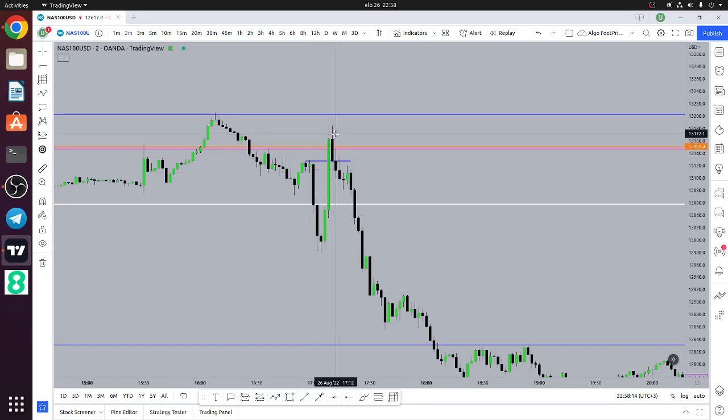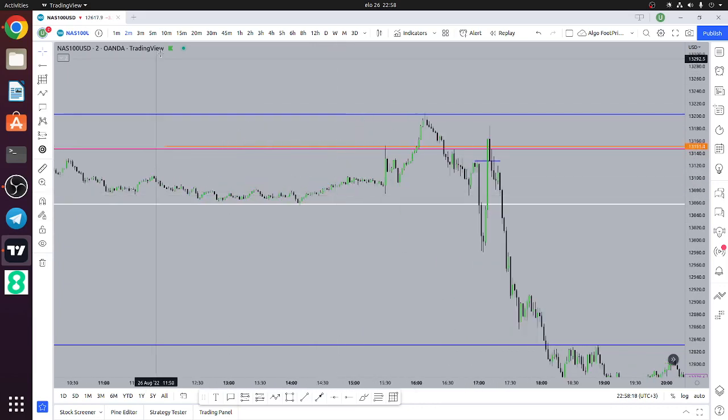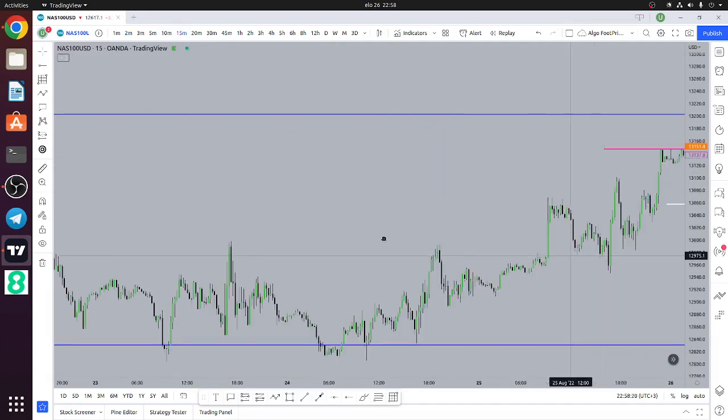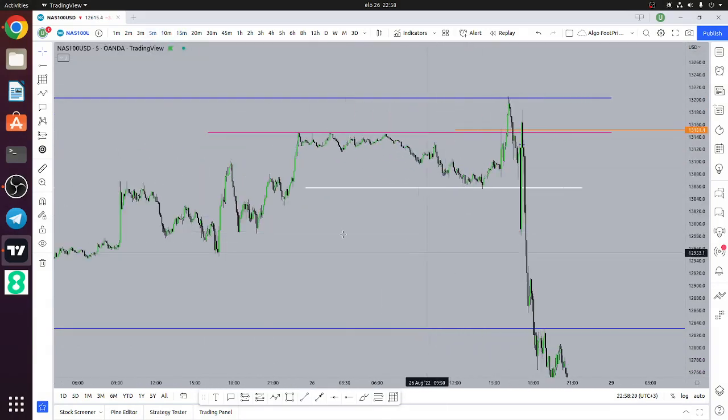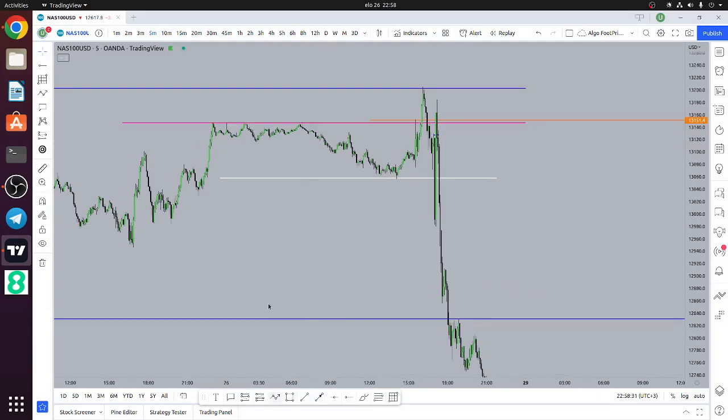Price came and took it out and then came back in here. You have to remember, first of all, that on the 15 minutes time frame, we have created a smart money reversal pattern. We have this high, a low, a high, then we break it, then we are coming back to sell.